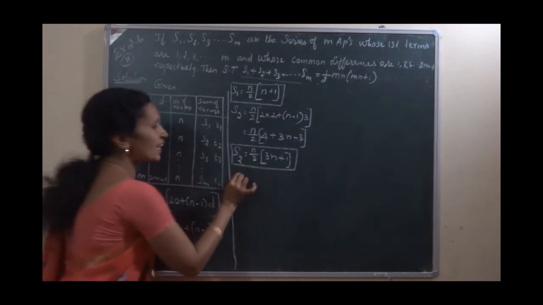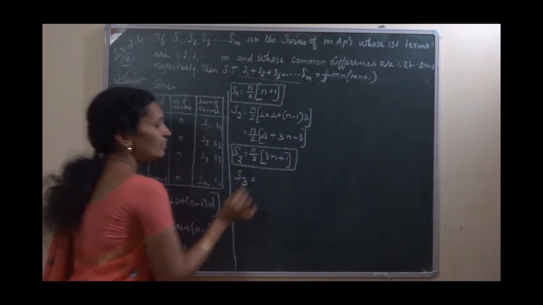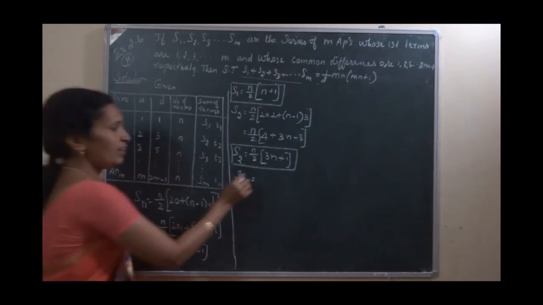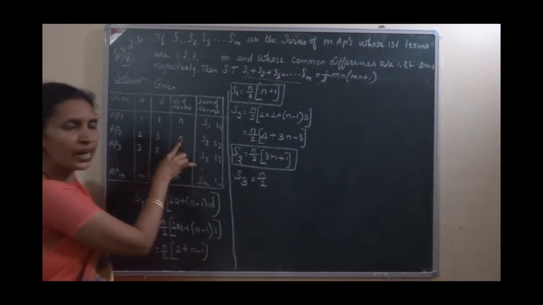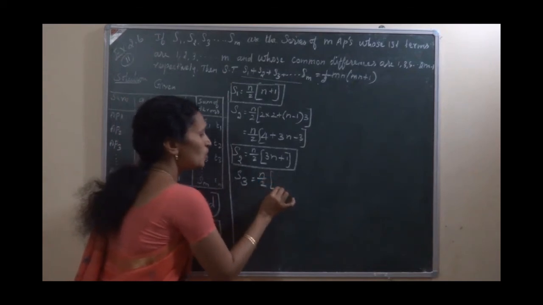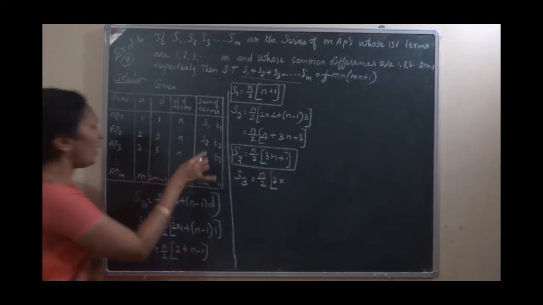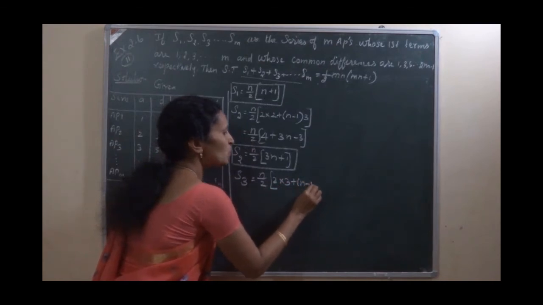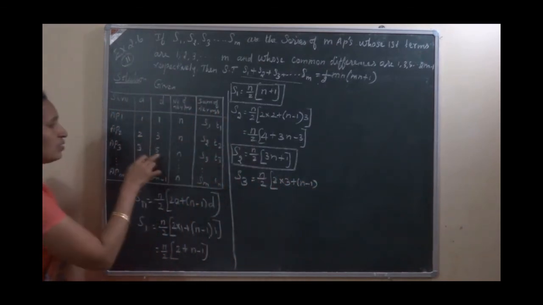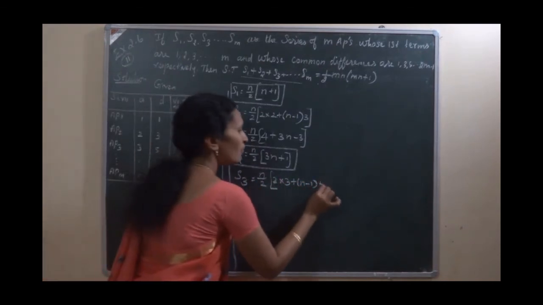Next you find S3. The same formula apply there. N by 2 into number of terms n. So n by 2 into 2 into a value 3 plus (n minus 1) into 5. Common difference 5.